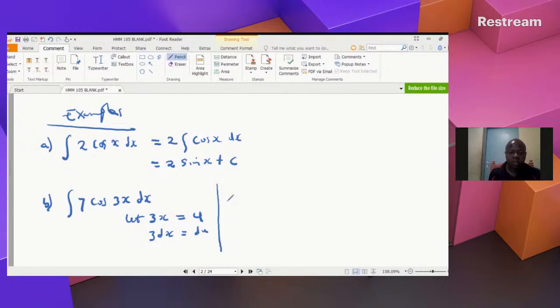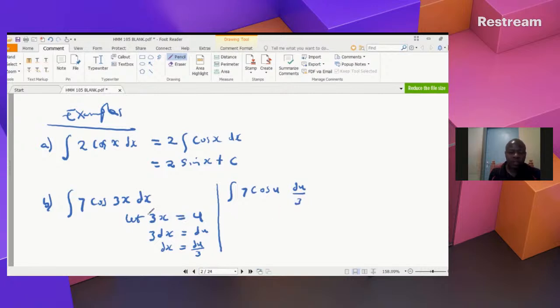So what I then have is 7 cos u. But instead of dx, if I make dx the subject of the formula, I would get dx to be du out of 3. So instead of dx, let me write du out of 3.